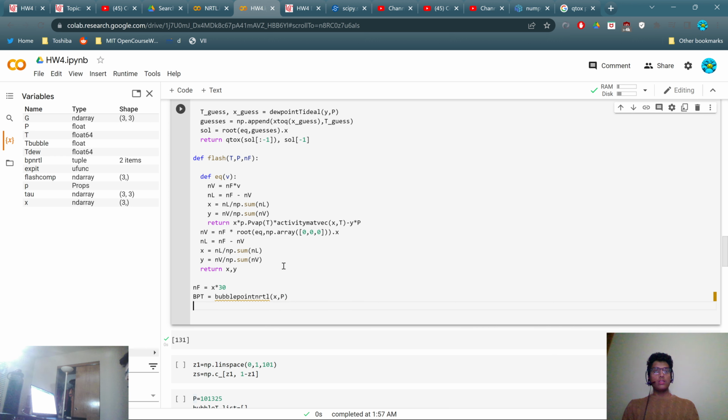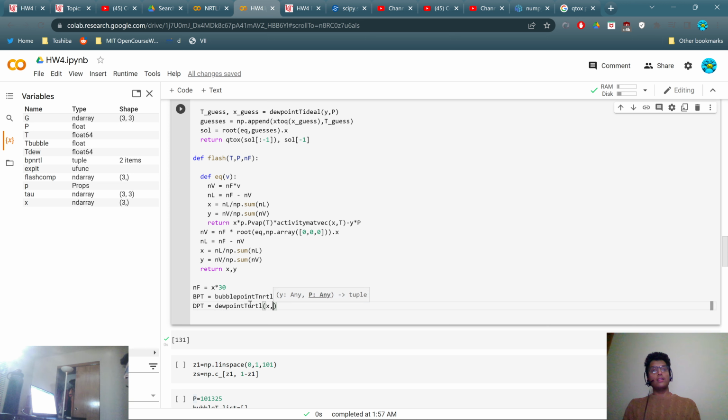And then what's with this? Why is it okay? And then the dew point temperature equals dew. Oh, because it's bubble point. Python knows all. Bubble point TNRTL. Dew point TNRTL.